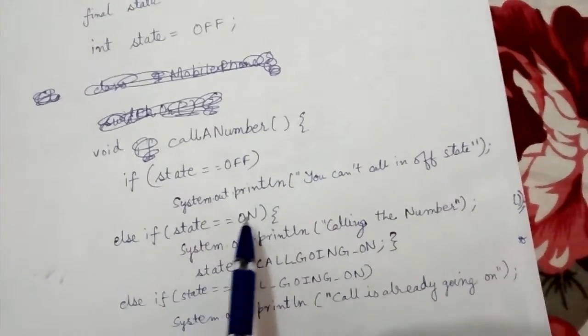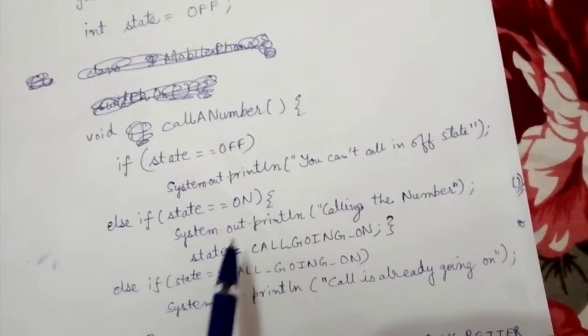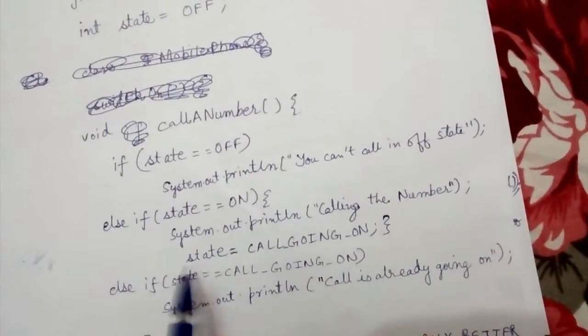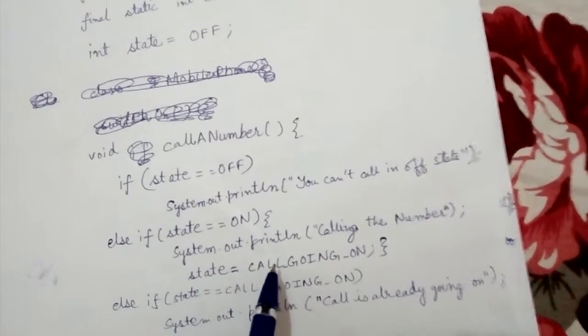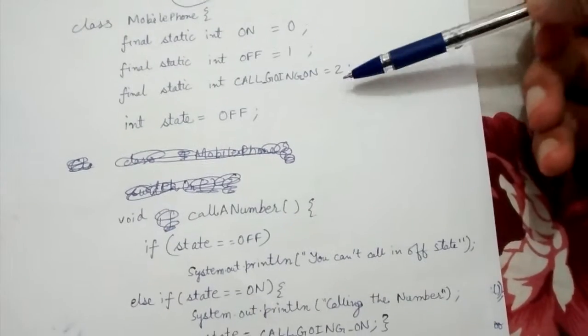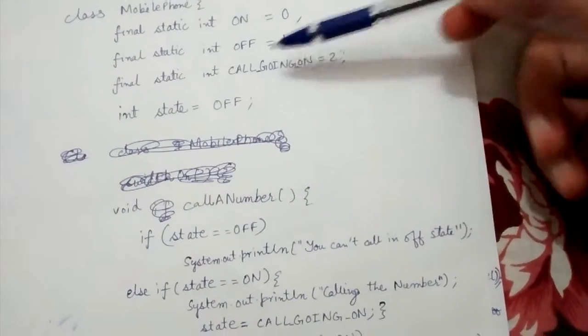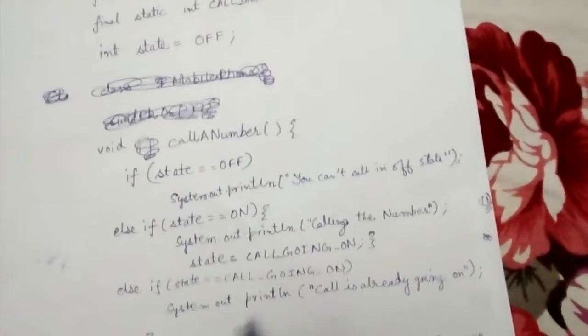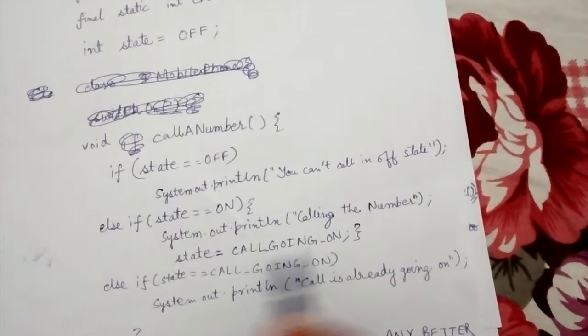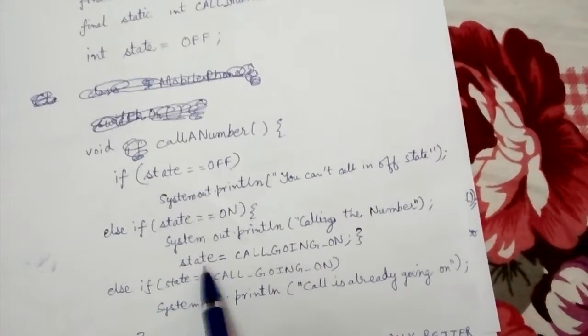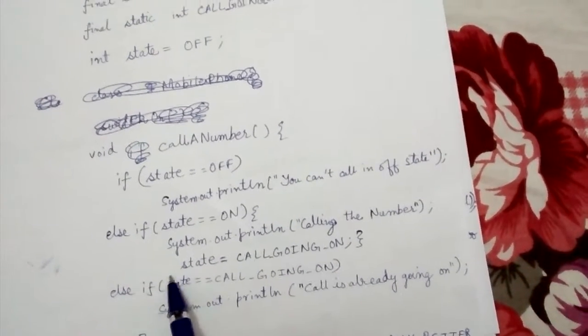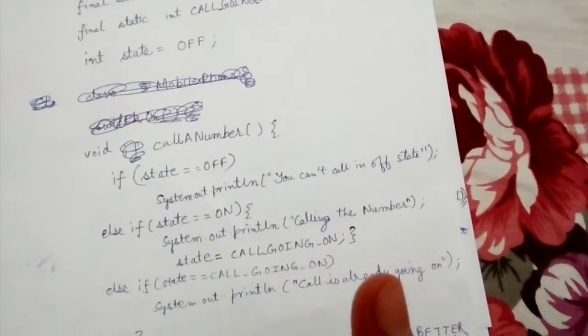Else if state is equal to on, we say calling the number, and we change the state variable to call going on, that is integer variable 2, which is the code for call going on, right? So now our state variable will indicate that the call is going on. So anybody who checks state variable as 2, he will understand, okay, call is going on.